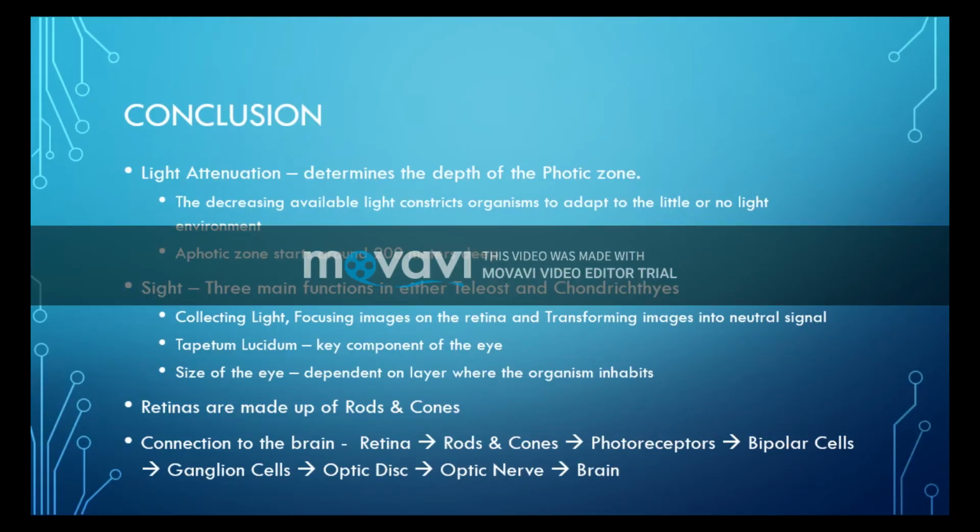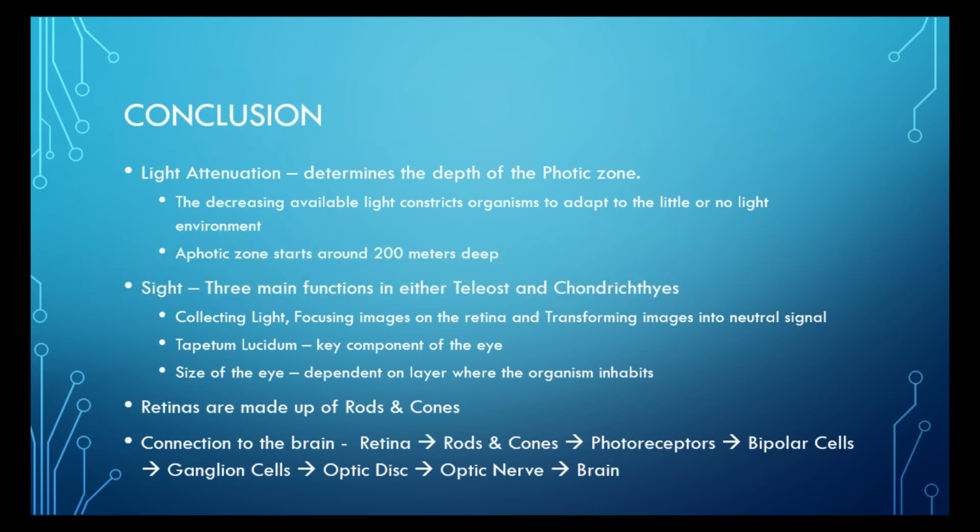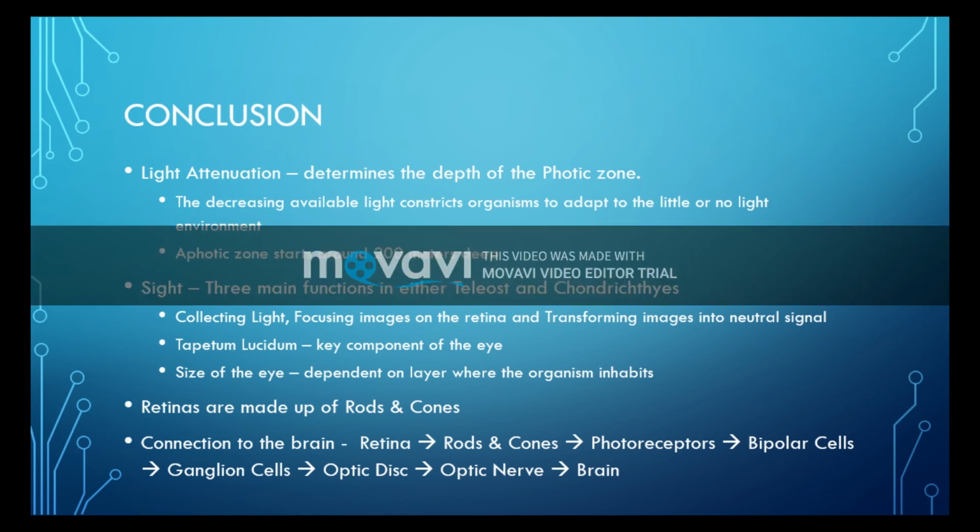In conclusion, light attenuation determines the depth of the photic zone and then the aphotic zone. The decreasing available light constrains organisms to adapt to little or no light environments. The aphotic zone starts around 200 meters deep, and sight has three main functions in either teleosts or chondrichthyes.